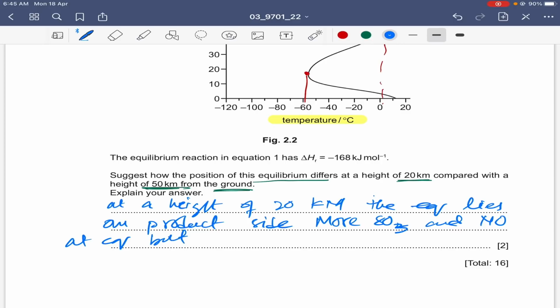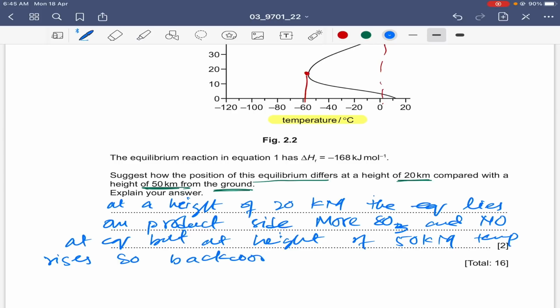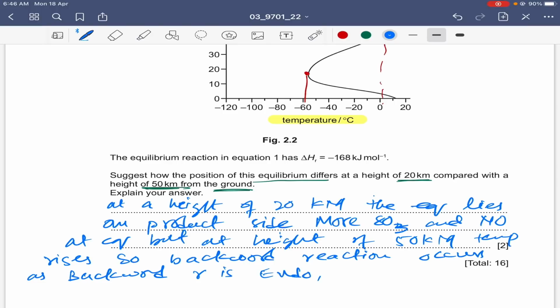But at a height of 50 kilometers, temperature rises, so the backward reaction occurs, as the backward reaction is endothermic. It favors high temperature.